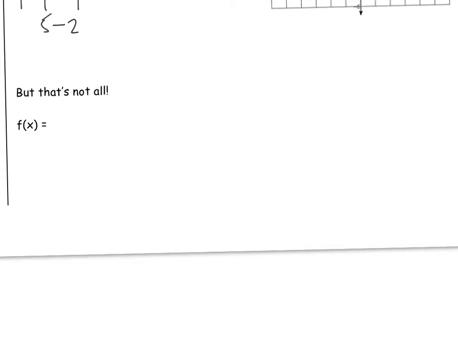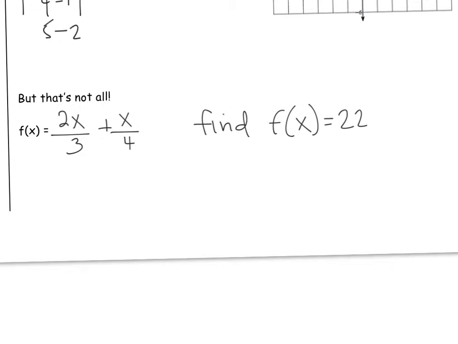Let's say that f of x is equal to this equation right here. So f of x is equal to 2x over 3 plus x over 4. And our job is to find x when f of x is equal to 22. So basically what they're asking us to do here is to find x.